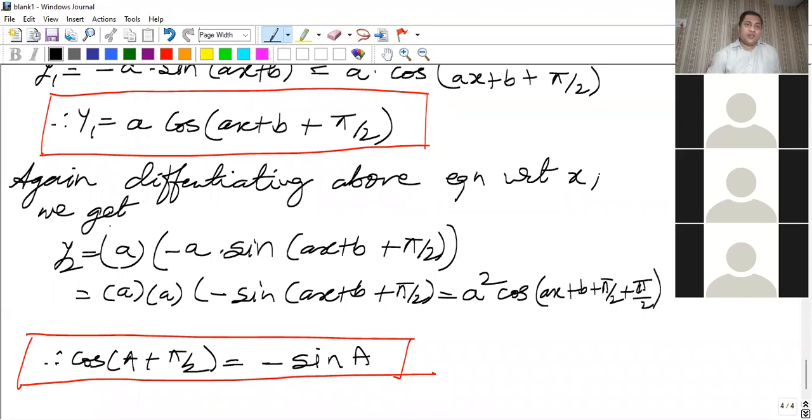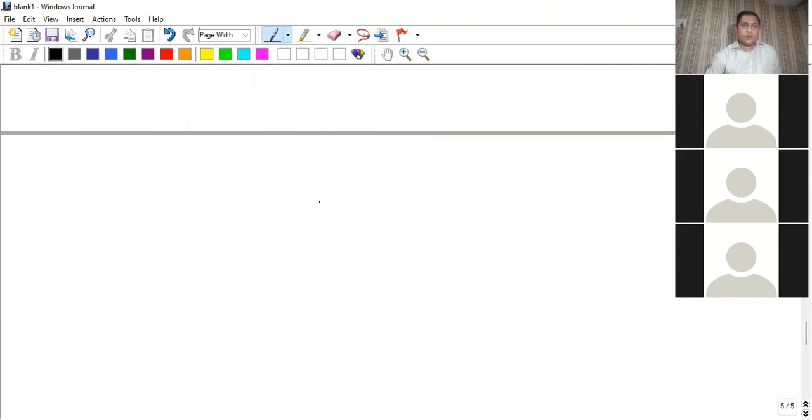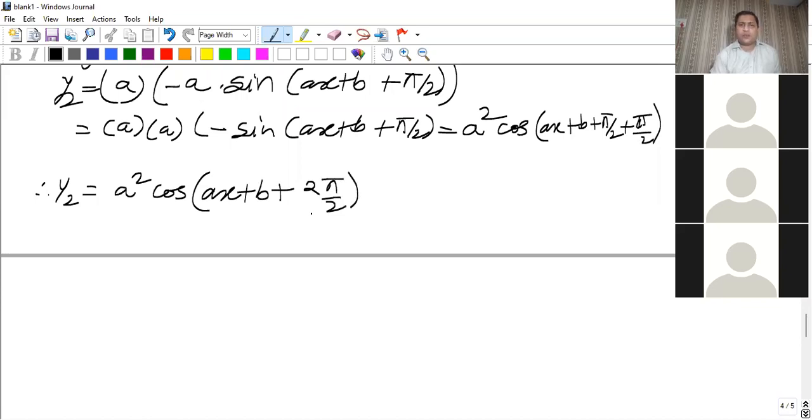And now what is the benefit? So here we can write y2 is equal to a square, since a into a is a square, cos of ax plus b plus 2 times pi by 2.